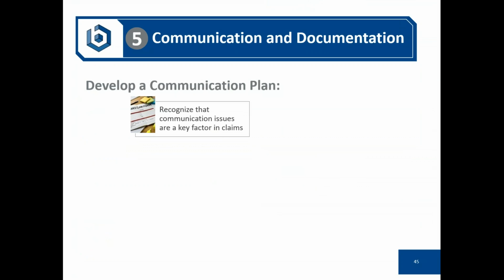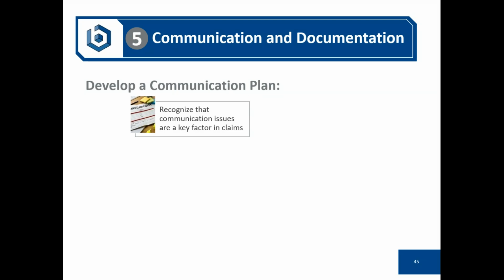Okay, the fifth element of the risk management plan is the very important communication and documentation category. Communication issues are a key factor in claims. As I may have mentioned earlier, sometimes, unmet expectations, failure to communicate what the goals are, what the intent of the project is, what your responsibilities are to the client, and what's happening on a particular project.